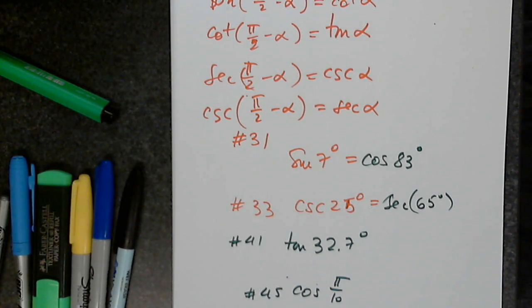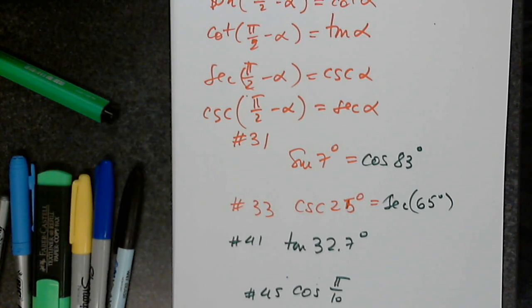If you're given degrees, like we have in tangent 32.7, make sure that the mode is in degrees. Where you see radians and degrees, scroll down, move to the right, press enter on the degrees. So now we are ready to punch in degrees.